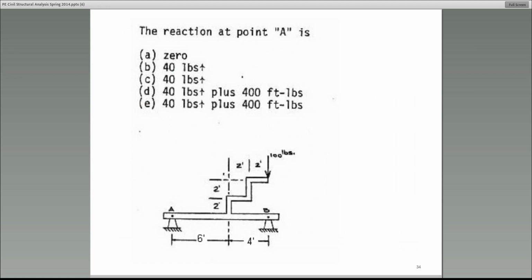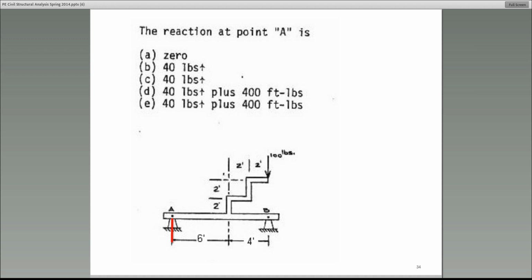Okay, everybody tell me, what do you think about this one? The reaction at point A is what? Here's point A. So what's the reaction at point A? Christopher says 0 at point A. You're correct.